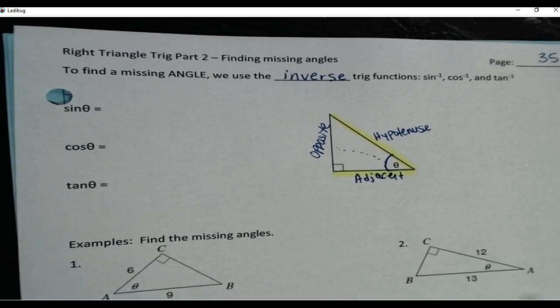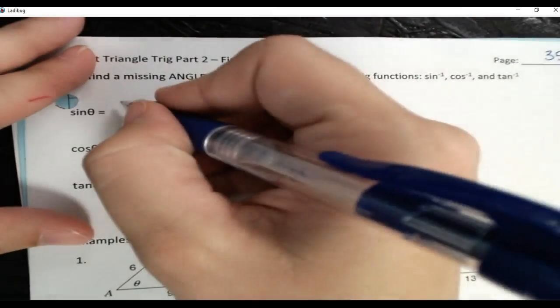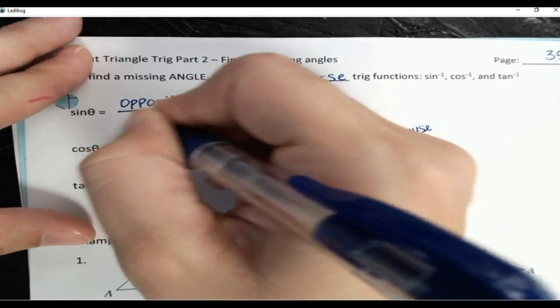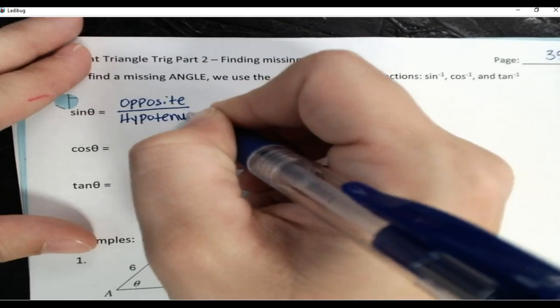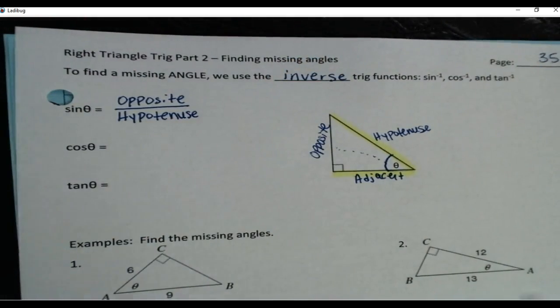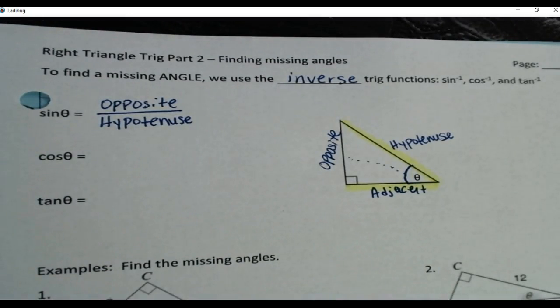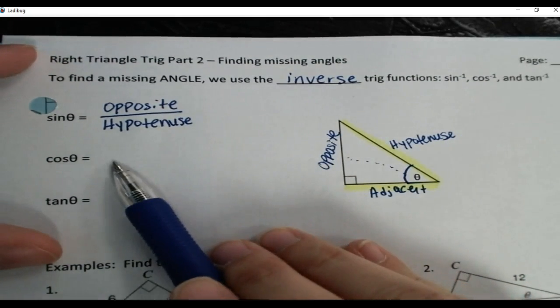So then our ratios are still the same as yesterday. We still have them over here on the board. Sine is opposite over hypotenuse. Remember it's oh heck, another hour.